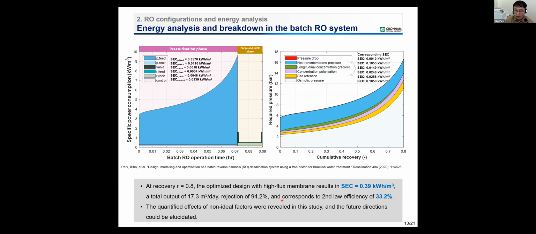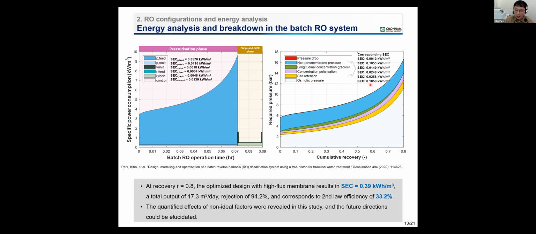This is the simulation conditions, and this is the breakdown data. The white area below is the osmotic pressure, which is definitely the theoretical minimum energy. And this area is caused by the non-ideal factors, so we can quantify the effect of the non-ideal factors, and then identify which direction we have to go to reduce the energy consumption.